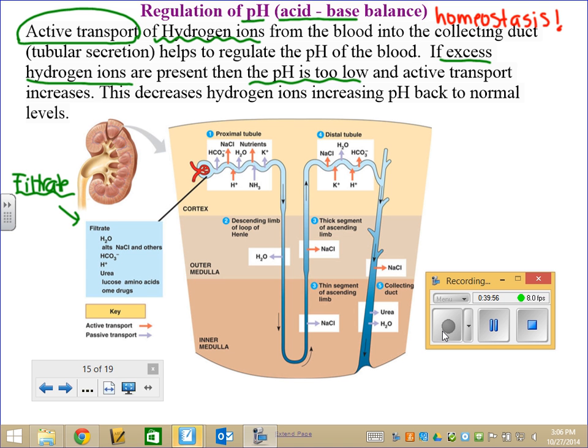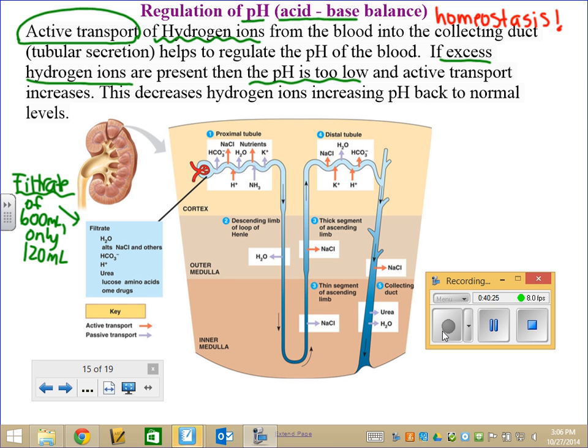Does that mean that everything that's in your blood will be there? No, because remember, of 600 milliliters, only about 120 milliliters are pushed through. And so that means even if there was something your body wanted to get rid of, it's not all going to get into the filtrate on the first try.